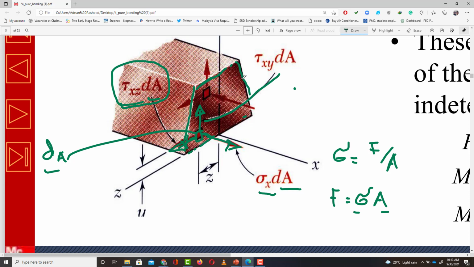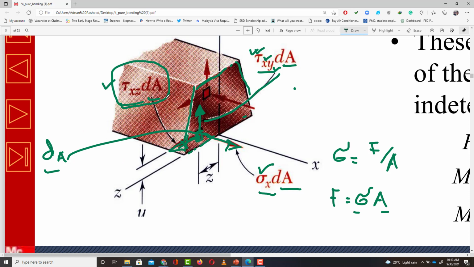So this plane is x. So tau of xy: x means on the x plane and in the direction of y, and tau is shear stress. So shear stress acting on the x plane but in the direction of y. When you multiply shear stress with the differential area, you get a shear force. So basically on this small differential area, there is one normal stress and there are two shear stresses.